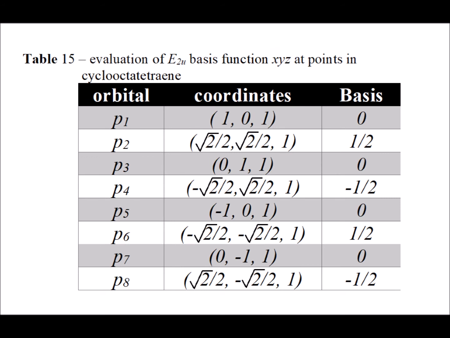And finally, in table 15, we have the second of the E2U basis functions, xyz, evaluated at those 8 particular points, and the basis column gives us the coefficient for each of those atomic orbitals in the molecular orbital.